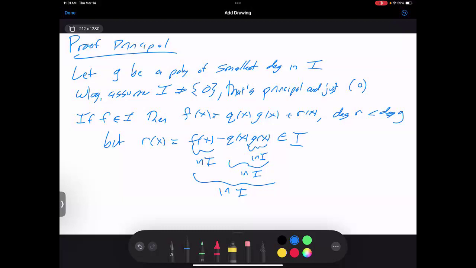There's only one way that this can work. What must be true? So I'll make it the smallest finite degree. R is 0. So we must have R of X equals 0. So F is a multiple of G. So it is principal.